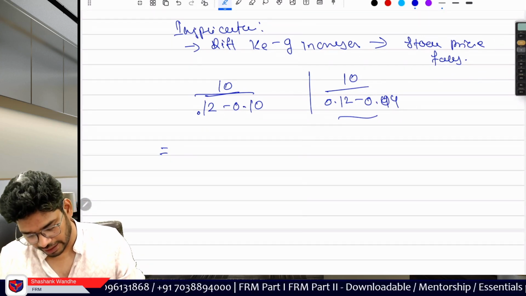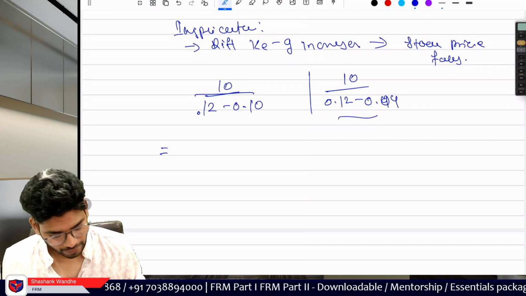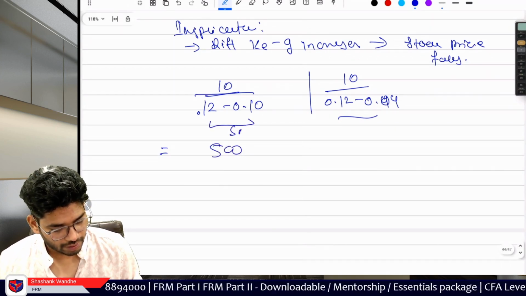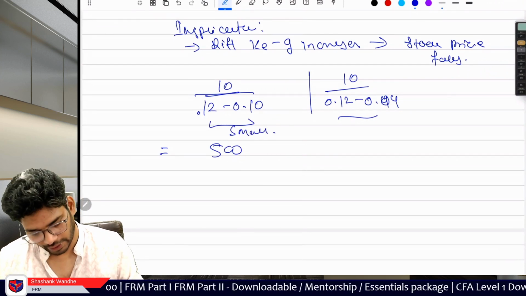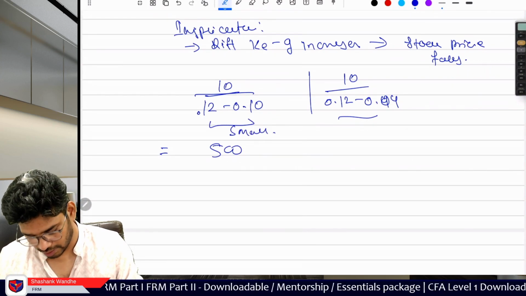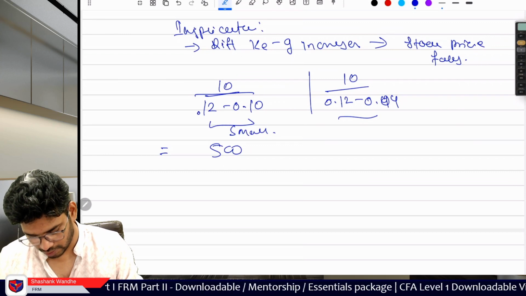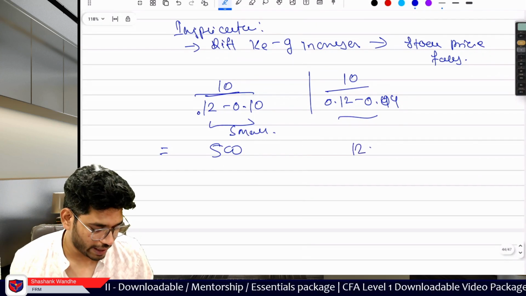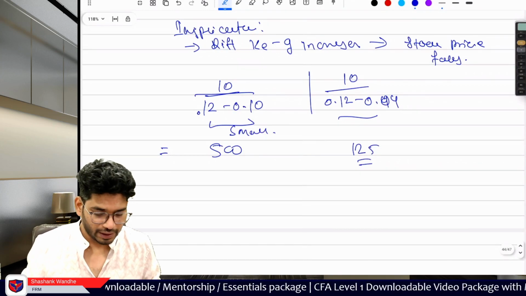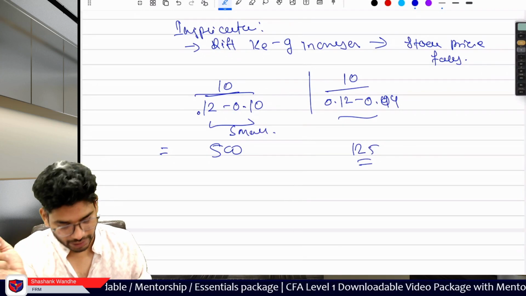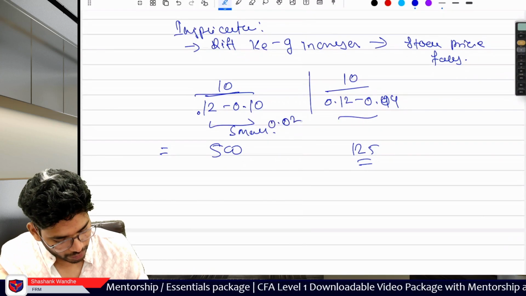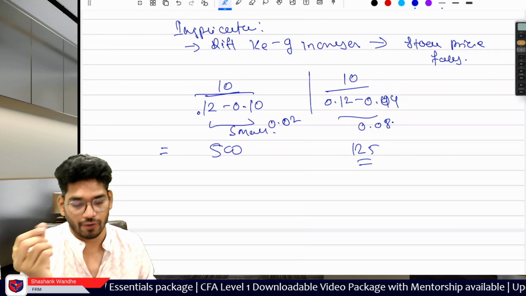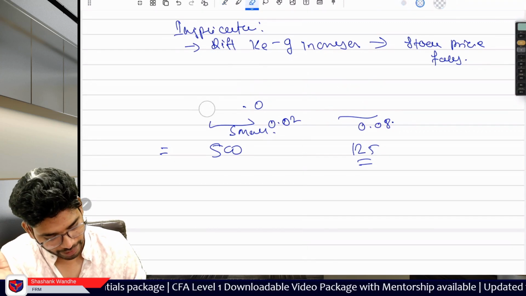So simple, 10 divided by 0.02, answer is 500 in this case. The gap is small. Here the answer is 125. So remember, here the difference is 0.02, here the difference is 0.08. As the difference increases, stock price will fall. This is the point you have to remember.